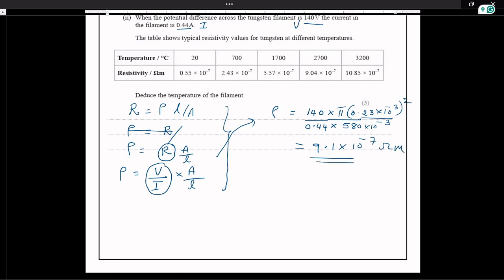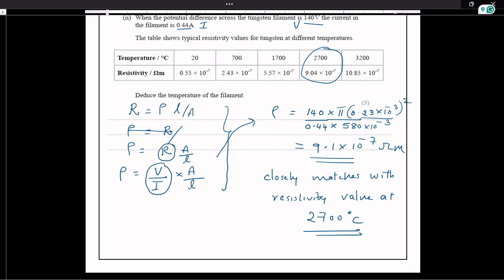So now let us check 9.1. We can see that the closest one is 9.04, which is at a temperature of 2700, so it closely matches the resistivity value at 2700 degree centigrade.